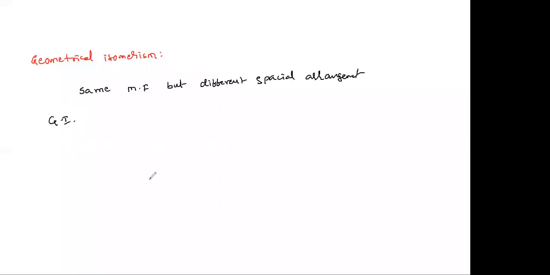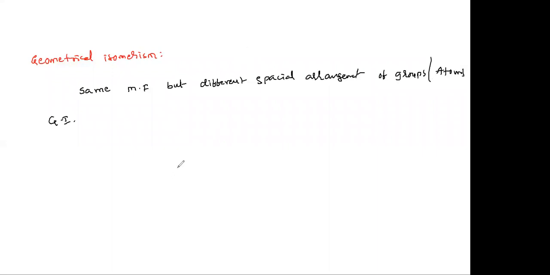Is it clear? I will send you notes, through the written part. I will just explain: same molecular formula but a different spatial arrangement of the groups or atoms, that is called geometrical isomerism.